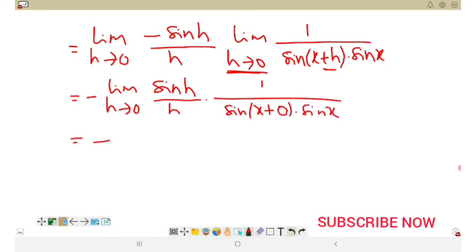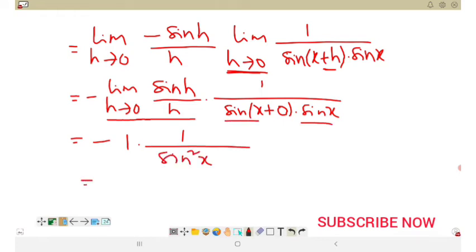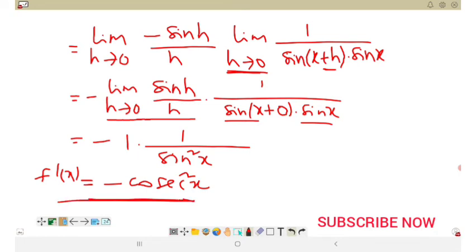So here minus the limit of sin h by h, which is 1, into 1 by sin x into sin x, that is 1 by sin square x, which is cosecant square. So minus cosecant square x. So the differentiation of cot x equals minus cosecant square x.